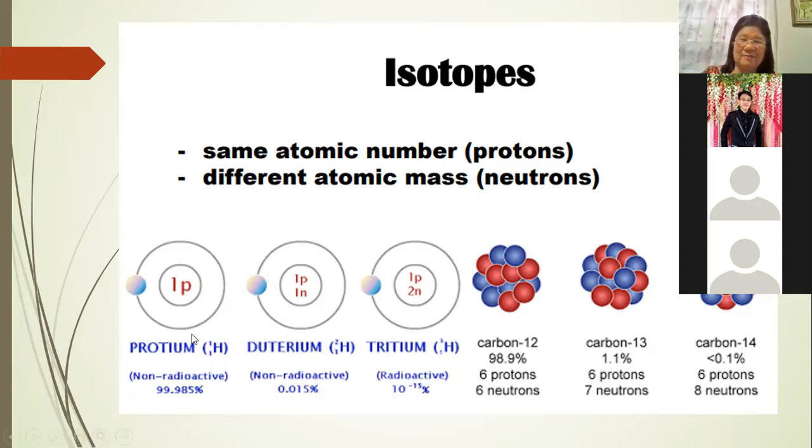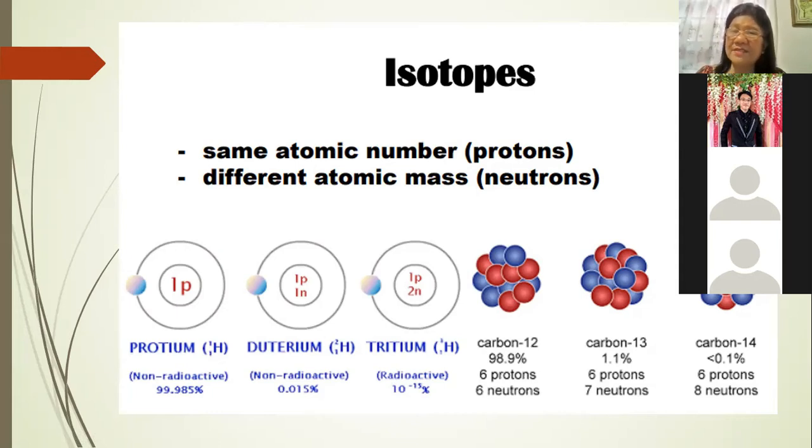Take a look. Same atomic number means the same number of protons. But they will differ in atomic mass. If they differ in atomic mass, it means they differ in neutrons.